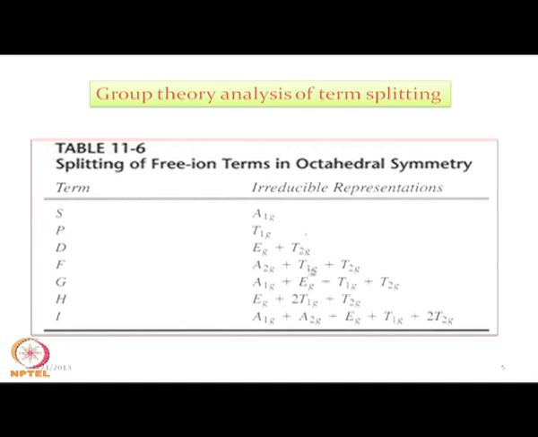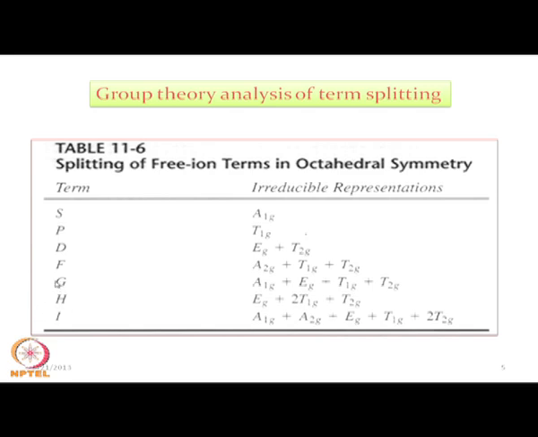So, we will have two T1g terms. These will be precisely labeled: this T1g term originates from the F term and this T1g term originates from the P term. Within brackets we write this as T1g(P), and this will be written simply as T1g because it originates from the F.